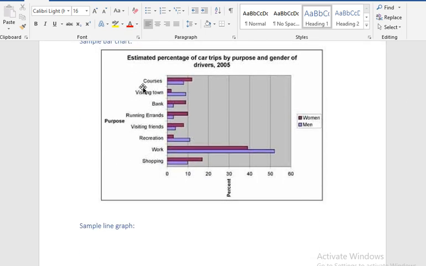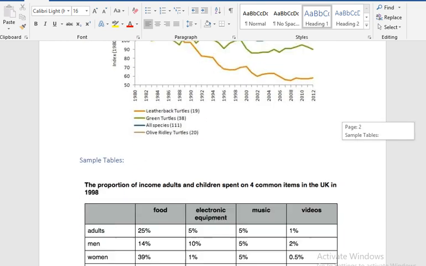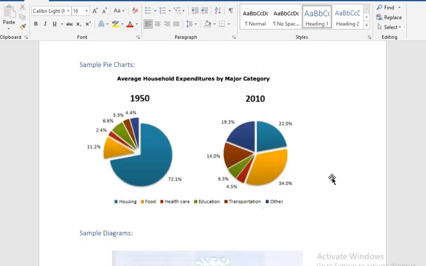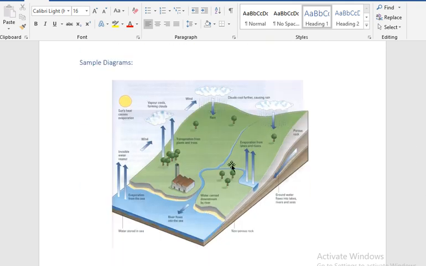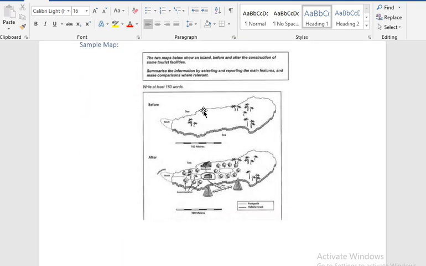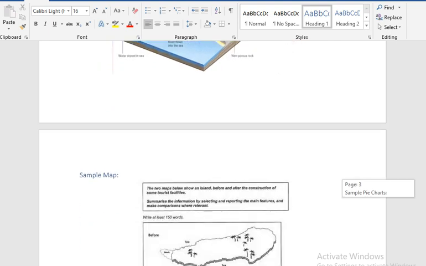It could be like this graph, or this graph, or this graph. It could also be a bar chart or polygraph like this one, and also a diagram. It's a very nice diagram. So what you have to do is explain the chart or diagram, what it's saying.